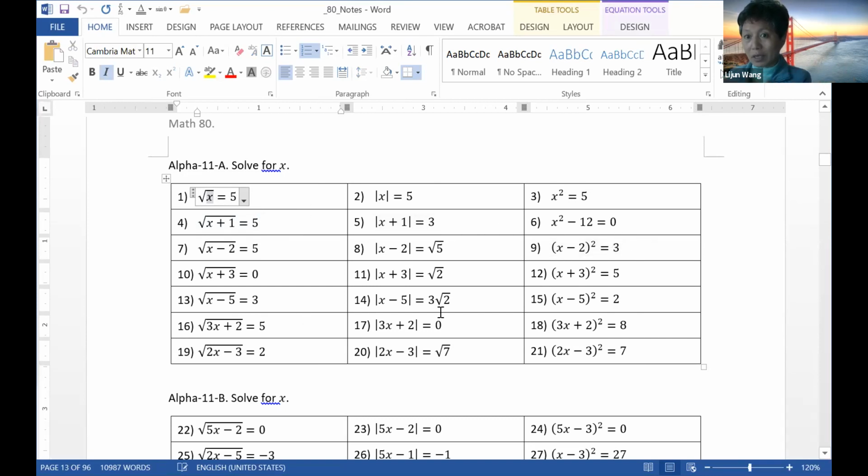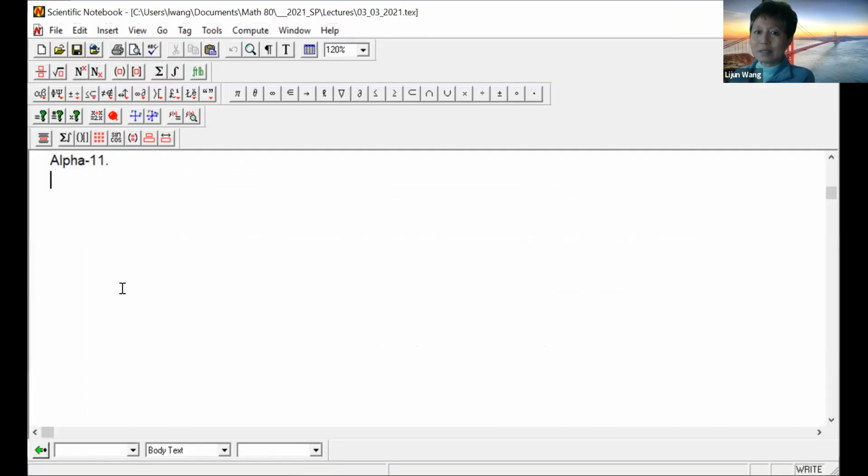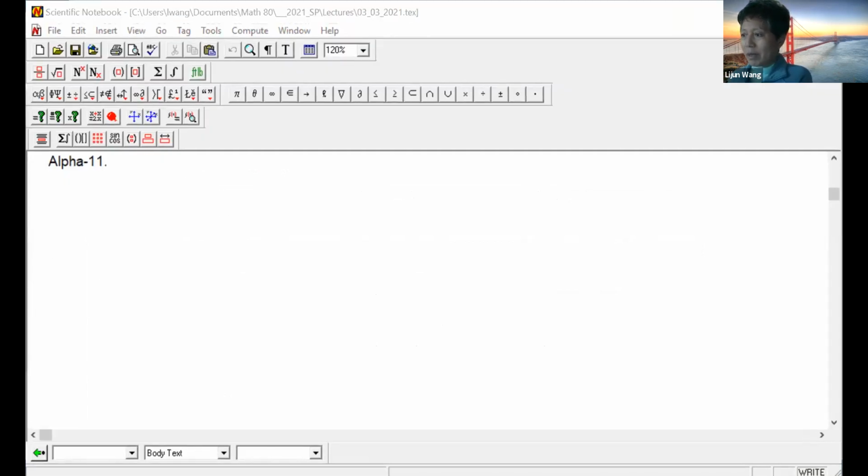I want you to look at this screen. I'm going to go back to another screen. I want you to see this evolving mathematical abstraction. You see, there's really nothing to it.